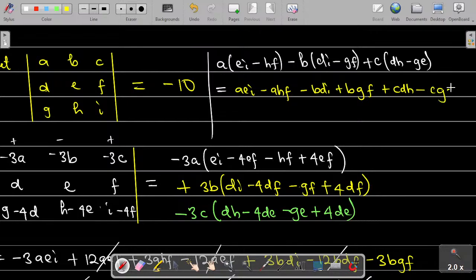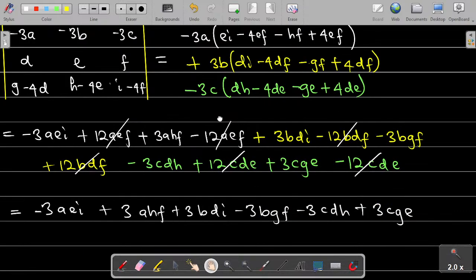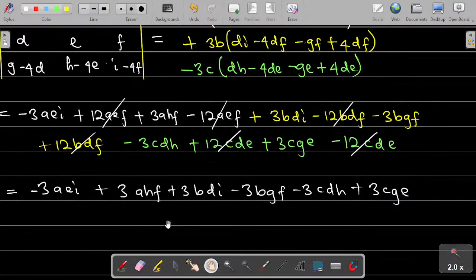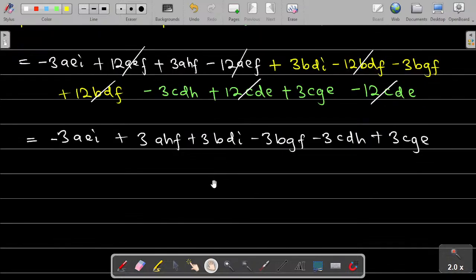Okay, so come back again to where we were here. You will just see that what we have down here is just a multiple of what I just did up there.